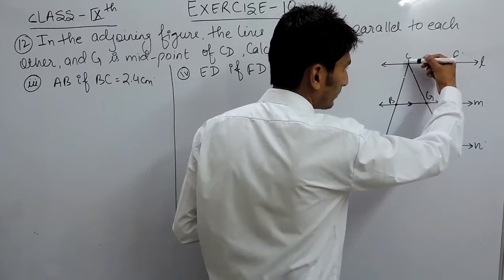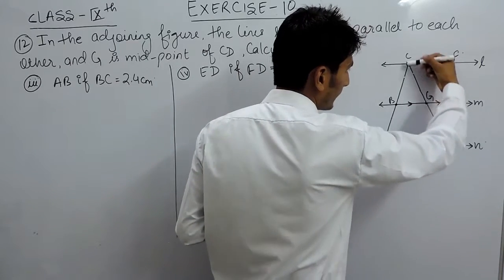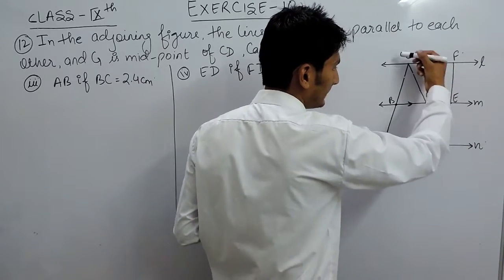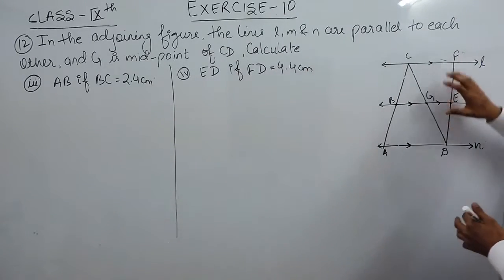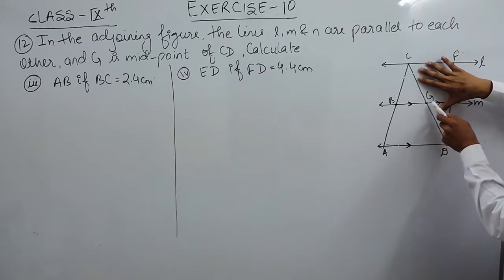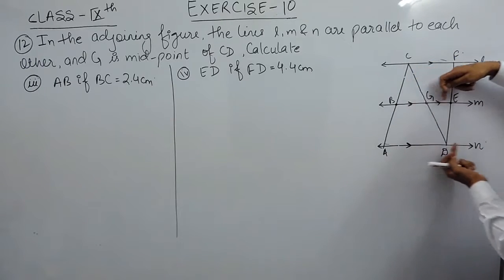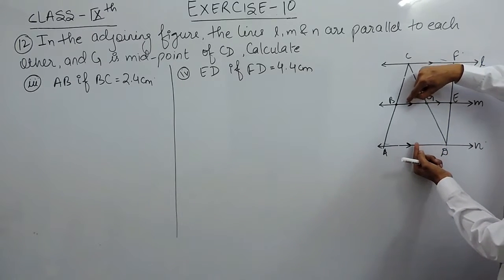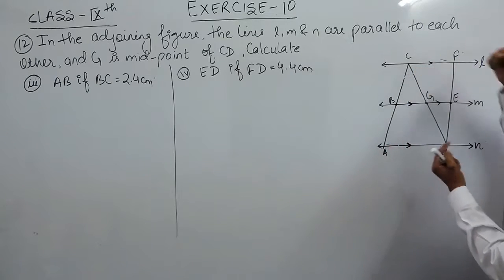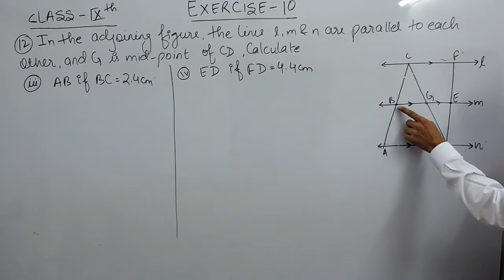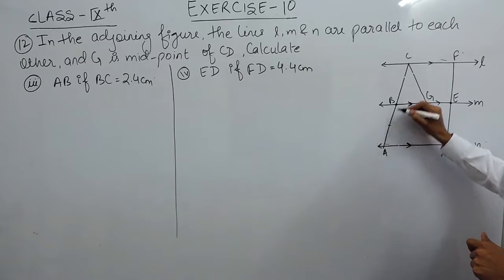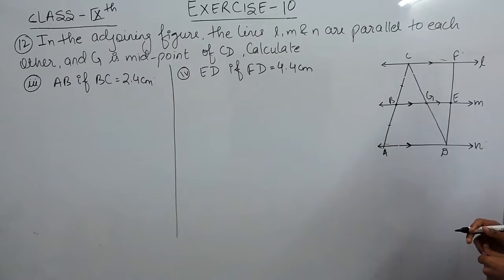G is given the midpoint of CD, and if I talk about triangle ADC, if this is the midpoint and these two lines are parallel, so clearly according to midpoint theorem, if I draw a parallel line from the midpoint, it should meet the midpoint of the third side. So B should be the midpoint, meaning AB and BC must be equal.